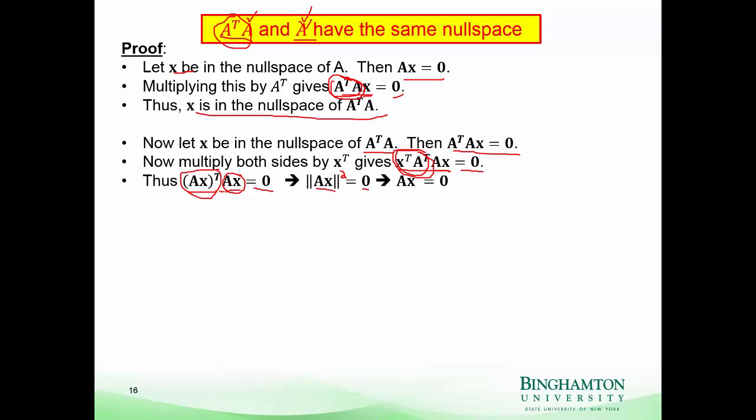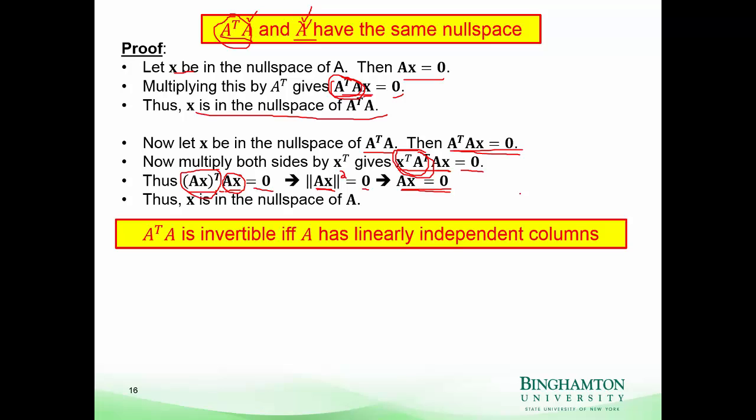Therefore, since this thing has 0 norm, AX must be the 0 vector. So there we have it. So X is in the null space of A transpose A, and X is also in the null space of A. So we've now shown both ways that if it's in the null space of one, it's in the null space of the other. That means they have exactly the same null space.